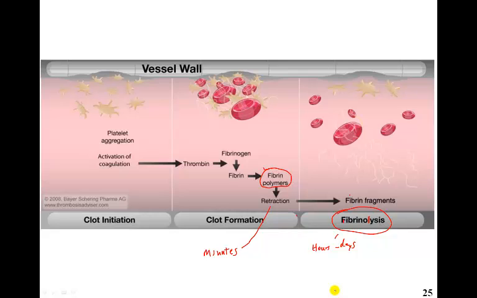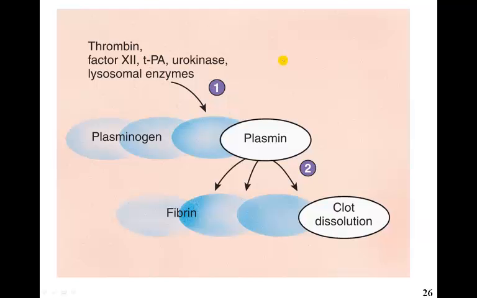So fibrinolysis means breaking down fibrin. Okay, so the fibrin is broken down and the clot basically just dissolves. And the key to making that happen is yet another molecule in the blood called plasmin.